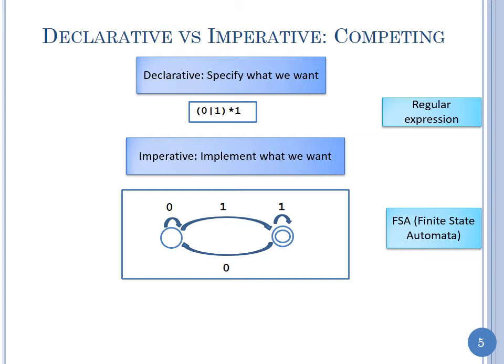So here we have competing approaches: we can do the same problem using either declarative or procedural mechanisms. Whereas previously I gave you two sets of constructs that complement each other, working together to solve your problem.